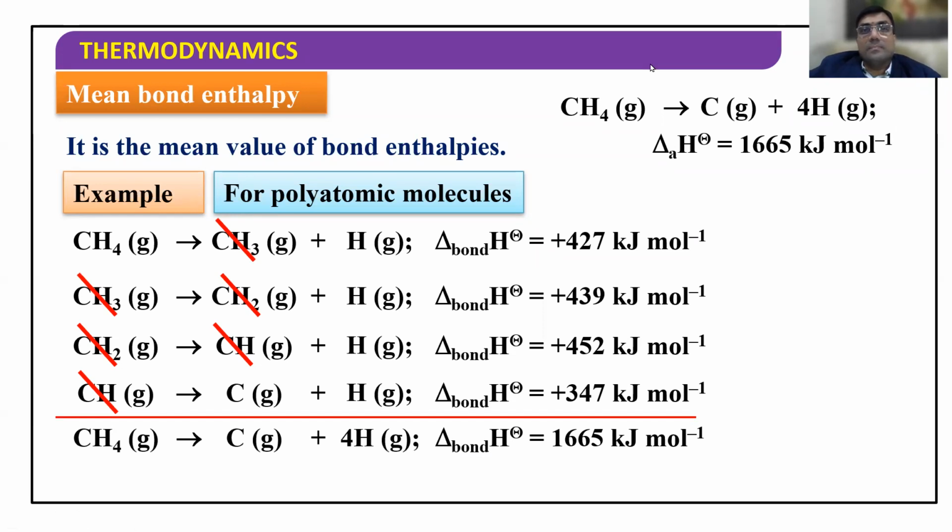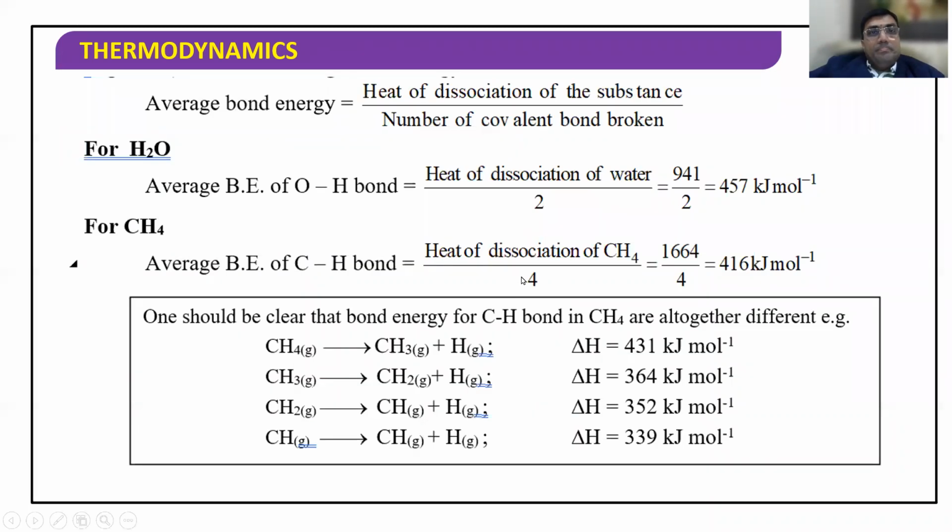How many CH bonds do you have to break? 4. That's why you have broken these and taken the average. This is the total energy, and this is the energy of each bond. Can you see the average bond energy?